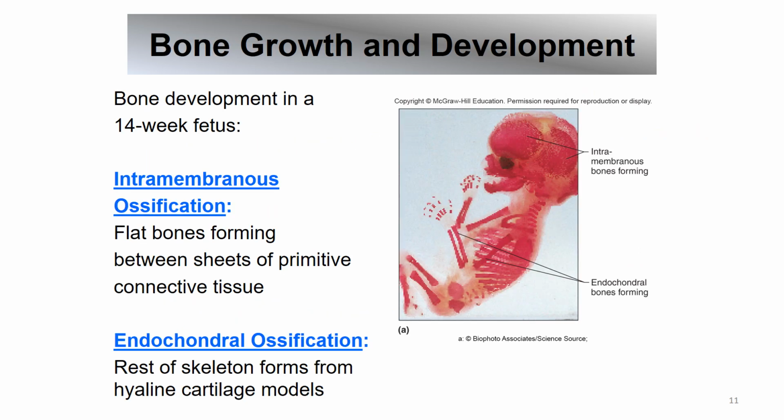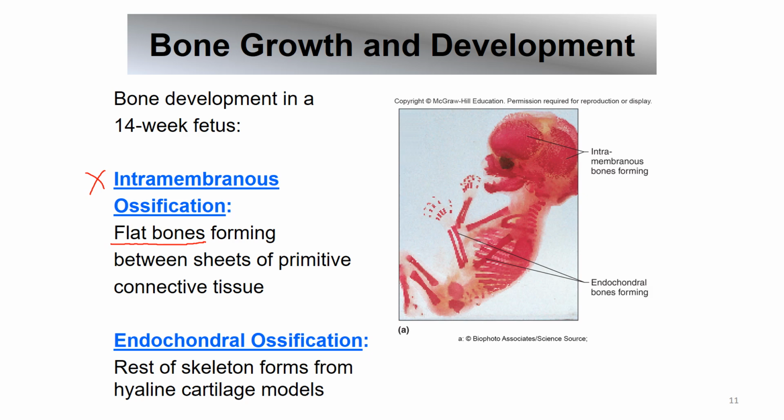Next, we'll go through how bones develop in a fetus. So bone development starts in a 14-week fetus. There are two types of ossification, meaning bone formation. Intramembranous ossification. Know that this forms flat bones, meaning your scapula, skull bones, ribs are made through this intramembranous ossification type.